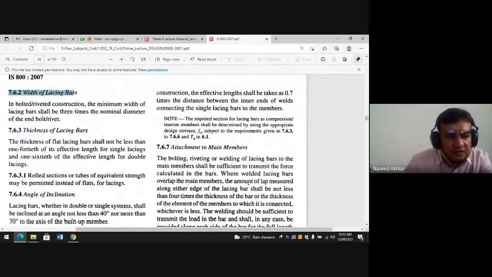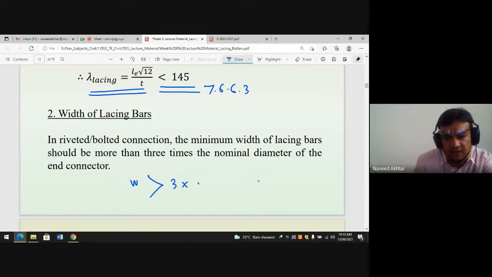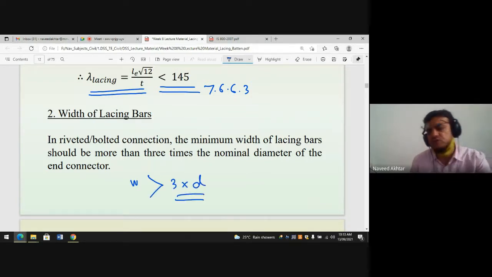In bolted or riveted construction, the minimum width of lacing bar shall be 3 times the nominal diameter of bolt. So the width of lacing bar should be greater than 3 times the diameter of bolt.